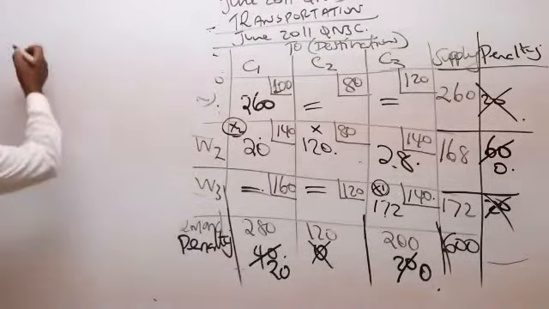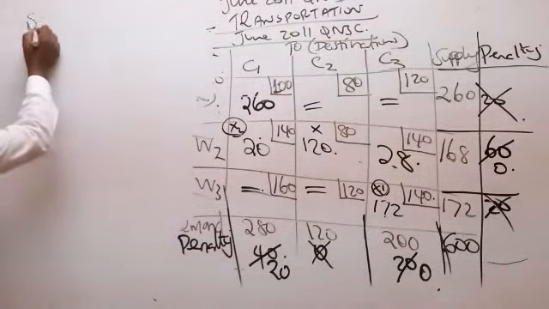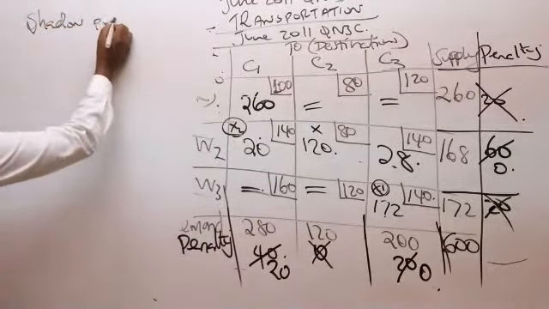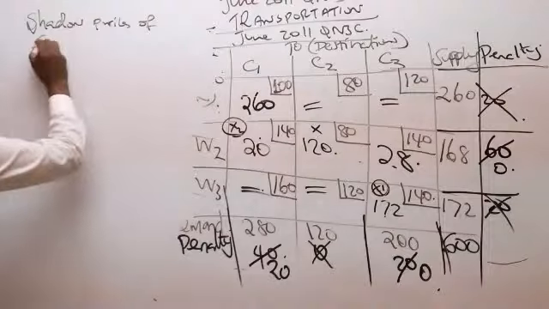Now, ladies and gentlemen, we go to the last step. The last step is the one of shadow prices. You compute the shadow prices of empty cells.